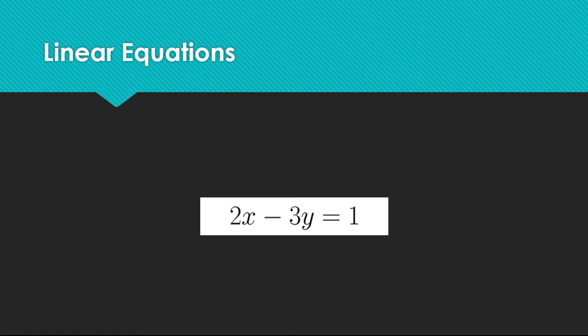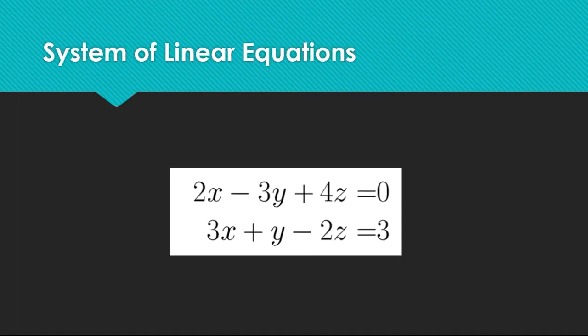Also at 9th, 10th level and at FSC level, we studied the equation of a straight line. A single linear equation represents a straight line graphically. From now on we will study the system of linear equations, with more than one equation.